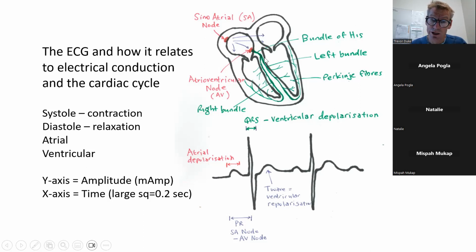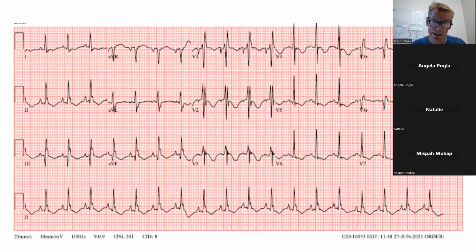It doesn't go through the left and right bundle and the Purkinje fibers. It finds some other route around. That's why in ventricular tachycardia, the QRS complex is wider, because it's going a slow route.